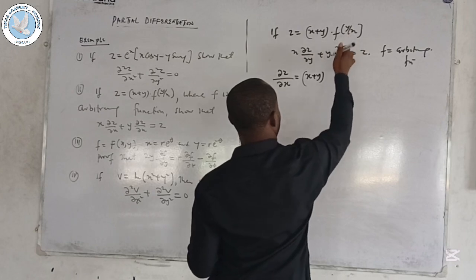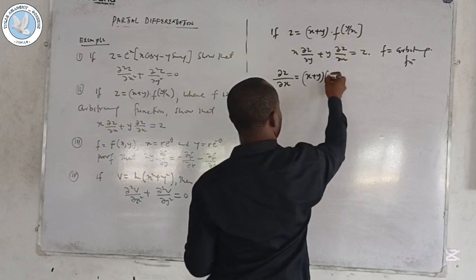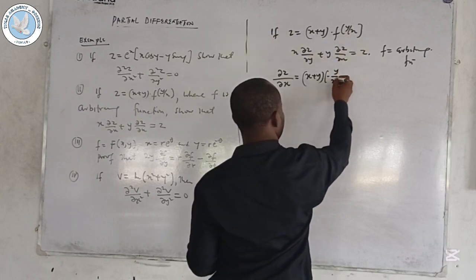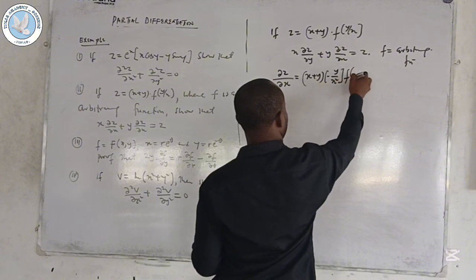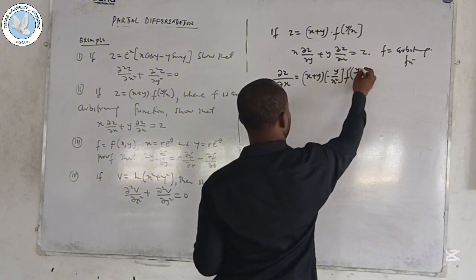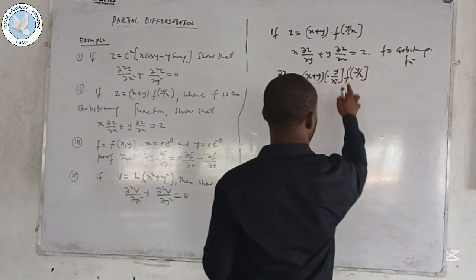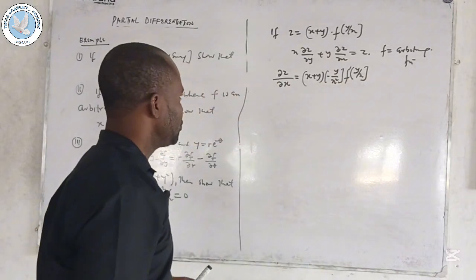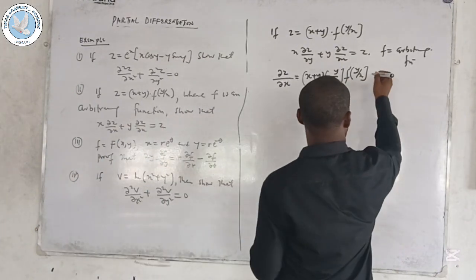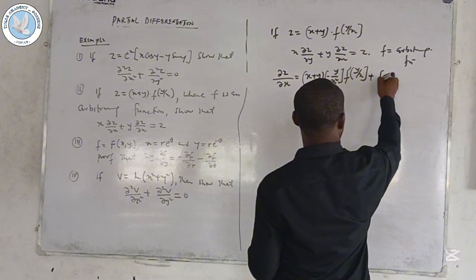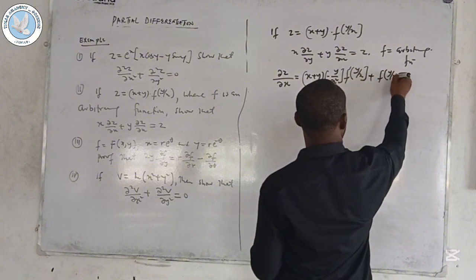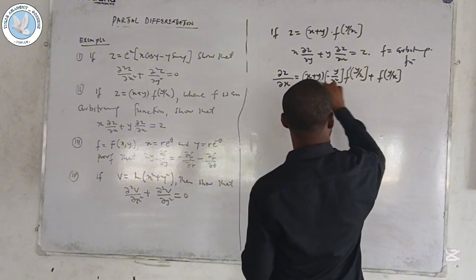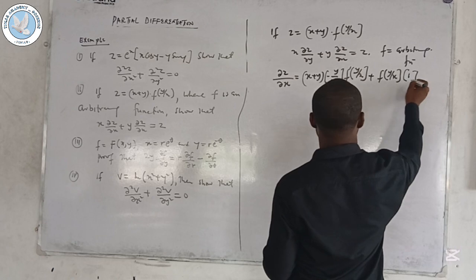So this will give us minus y divided by x squared, and we can further differentiate the function. That's why we're having f prime. So we plus also keep this and differentiate that. That's why we're having 1.